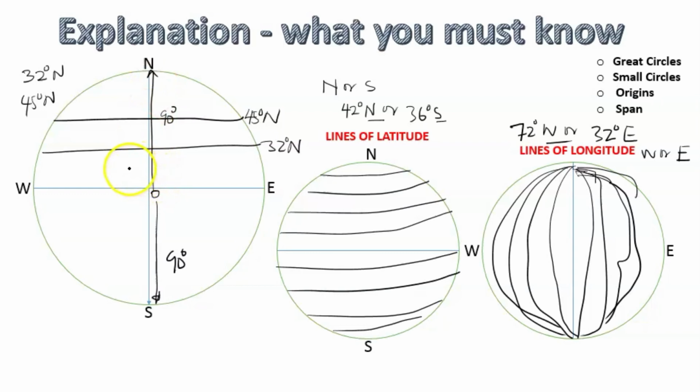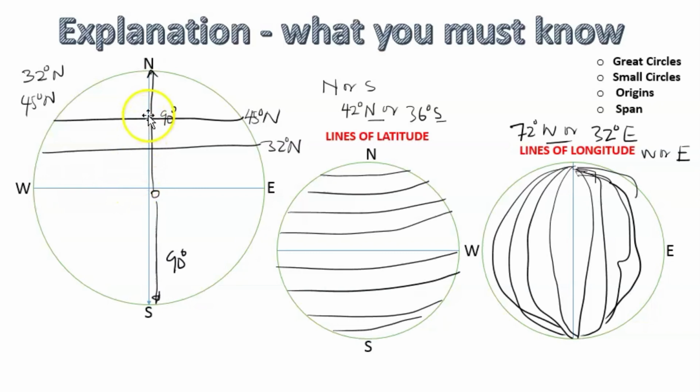Another thing I want us to know is that the same thing applies to longitude. As you travel in the direction of the west, you are going to have what we call 180.